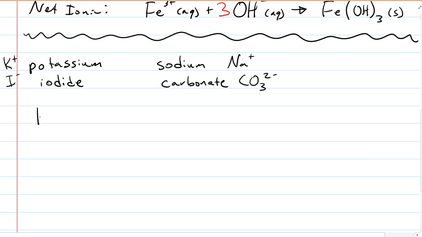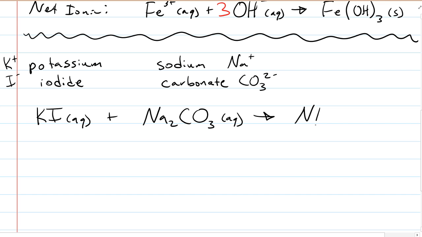So the way that you would write this would be like this: you'd have KI aqueous, reacting with Na2CO3 aqueous. And then after the arrow, we'd write NR, which is usually the way that chemists write it. NR stands for no reaction.